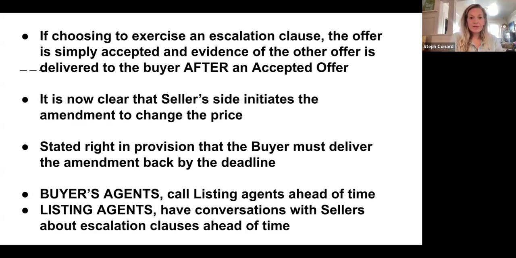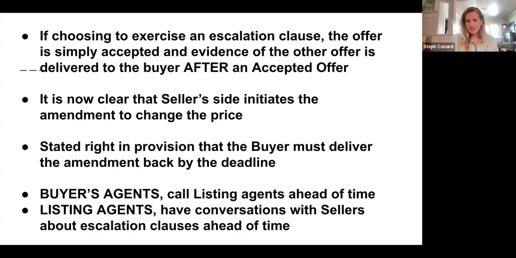The seller's side should initiate the amendment to change the price. And it's stated right in the provision that the buyer must deliver the amendment back by the deadline. So the seller's side has 2 days to get that amendment over to the buyer, and the buyer has 2 days to get it back.